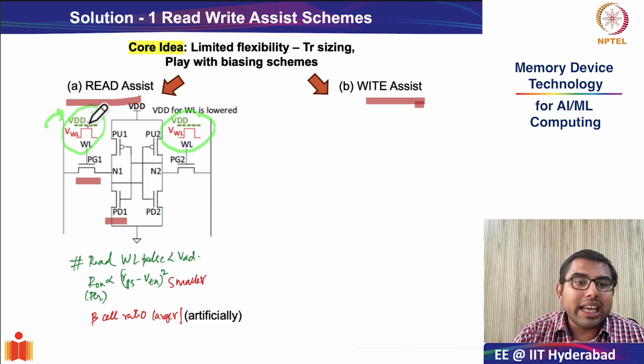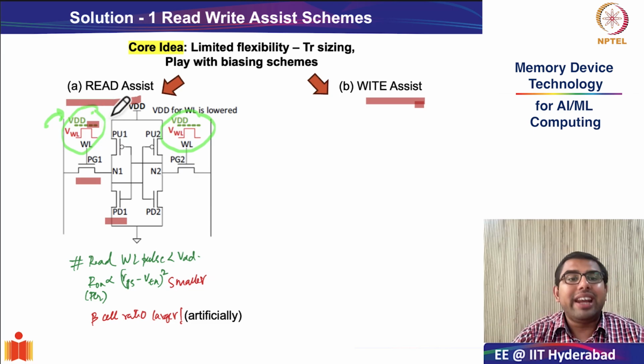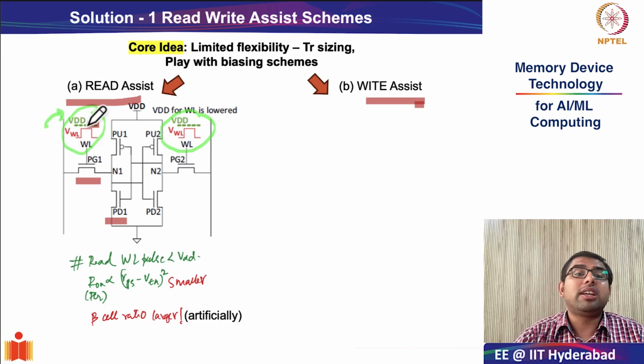So as you can see in the schematic, which has been pointed out in green, the VDD is put in dashed lines, whereas during read assist, the word line is indeed asserted. You turn on the pass gate transistor, but the voltage that you apply during the pulse is slightly smaller than VDD.